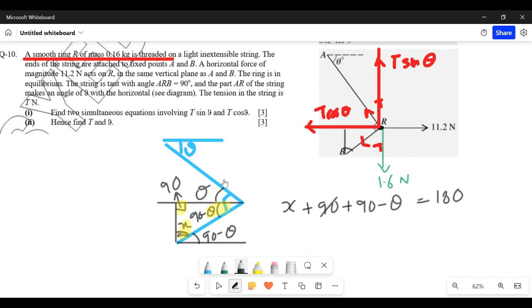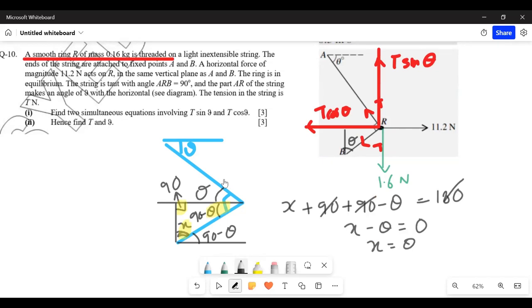So then this 90 and 90 adds up, cancels with the 180. You get x minus theta is equal to 0. So x is equal to theta. So this angle here is actually theta as well, same as this angle. We've proved it. So this angle is theta as well.